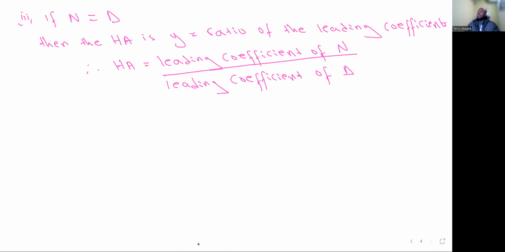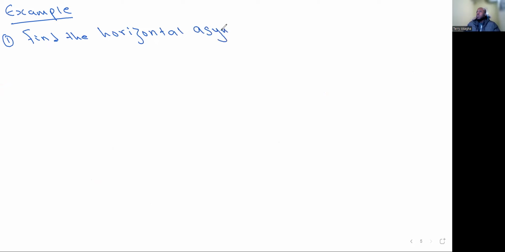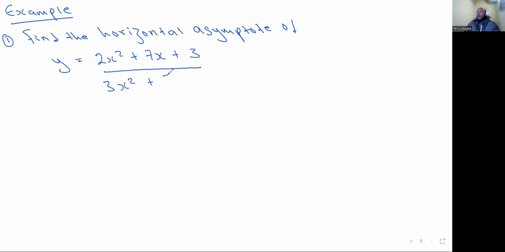Don't worry, I'm going to pick an example and explain this, so you understand it better. Let's say we have: find the horizontal asymptote of y equals 2x squared plus 7x plus 3 divided by 3x squared plus 5x minus 2.